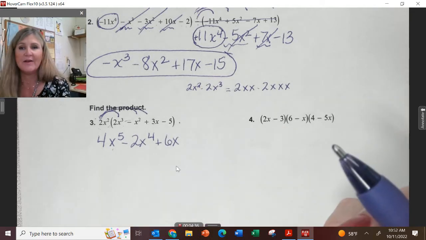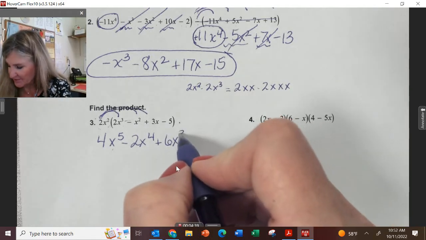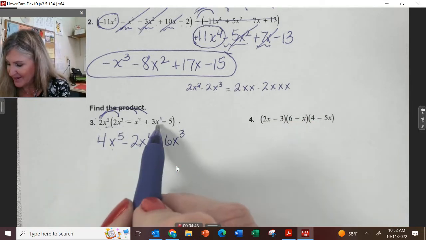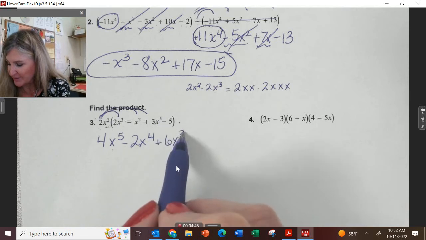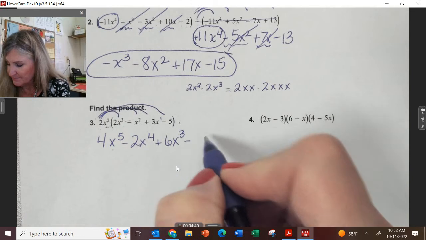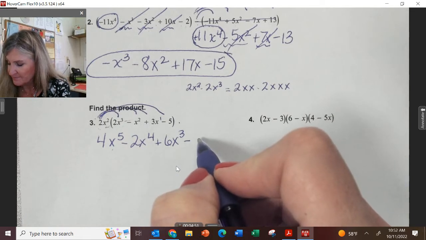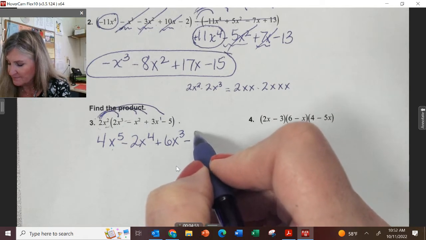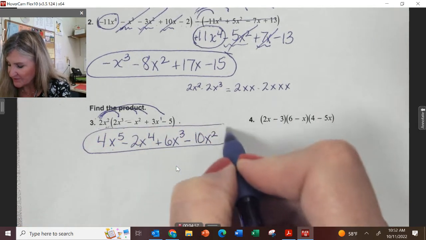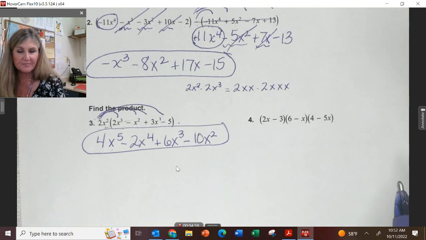Is it 6x squared? 6x cubed, because this is x to the first, so we have like bases, so we have to add those exponents, x cubed. And then what is it on the last term? Minus 10x squared. Good. So there's what we get there.